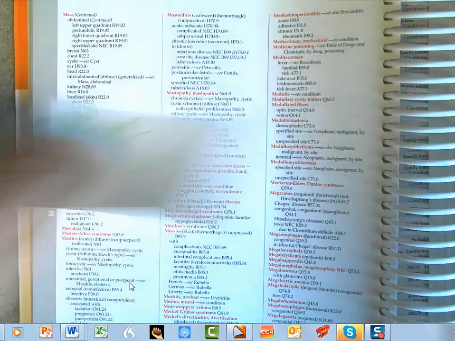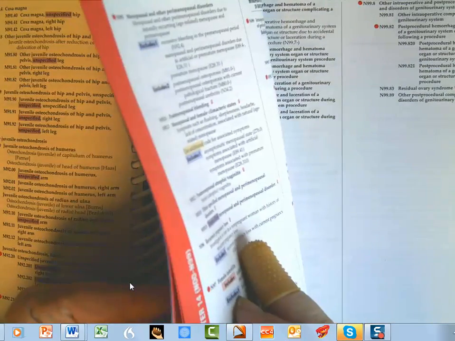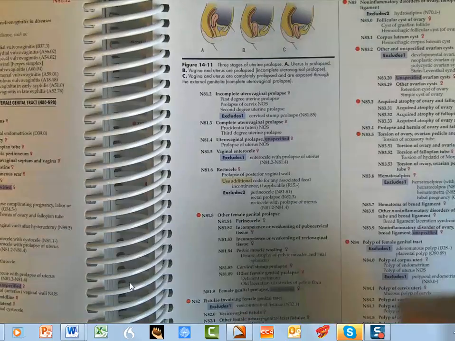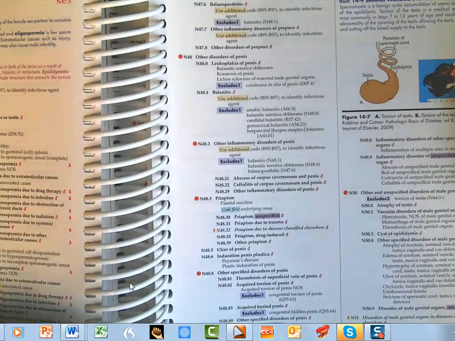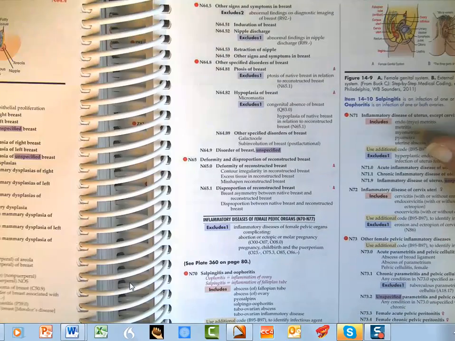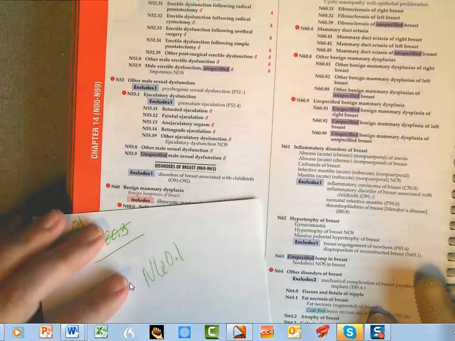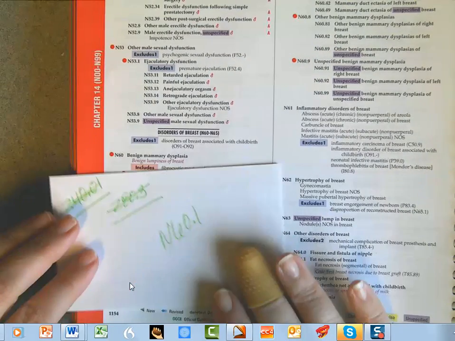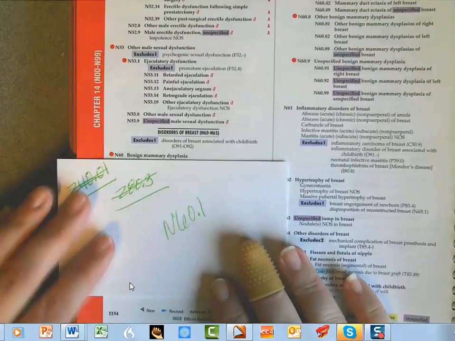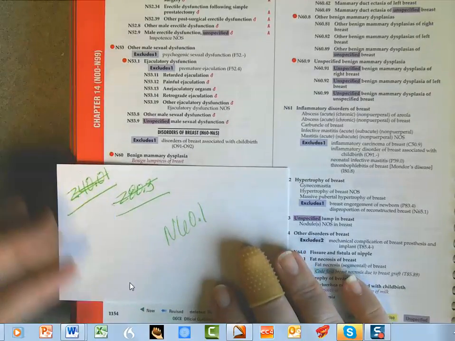Okay, so let's go back to our tabular and go to N60. N60, benign mammary dysplasia, which is what we have, benign lumpiness of the breast.